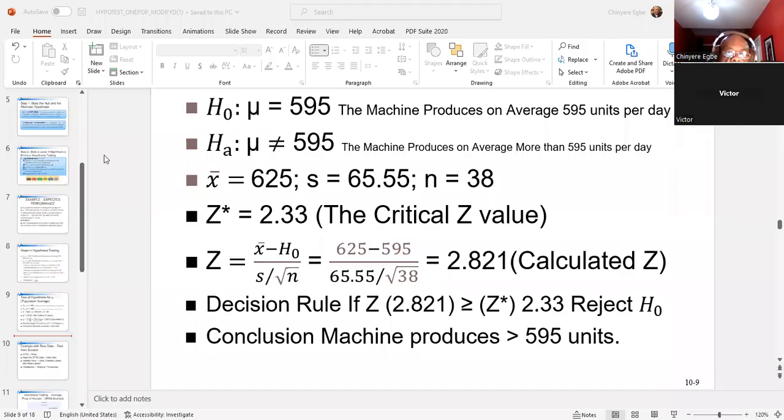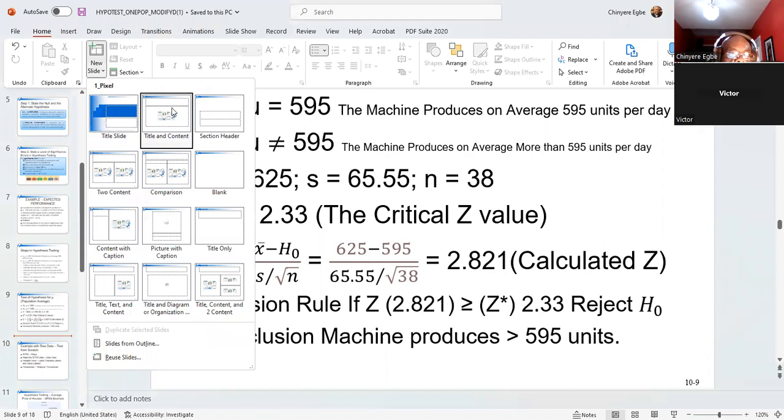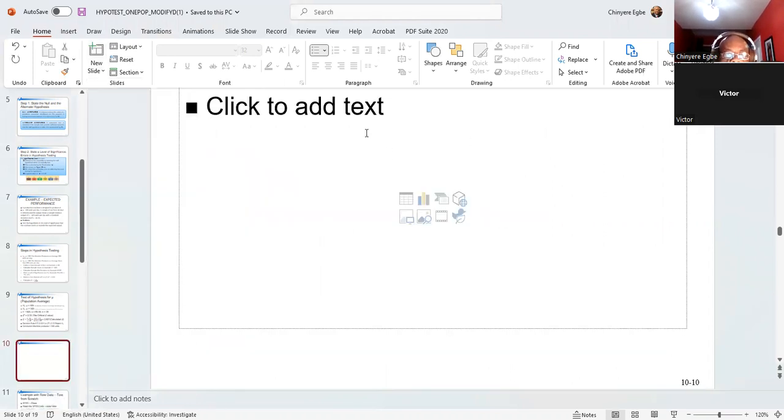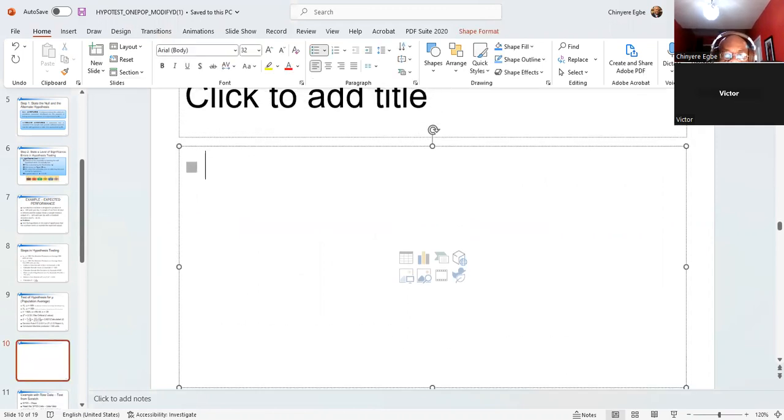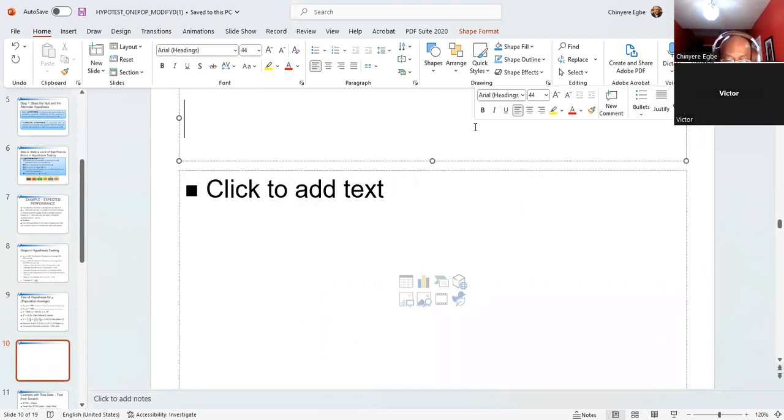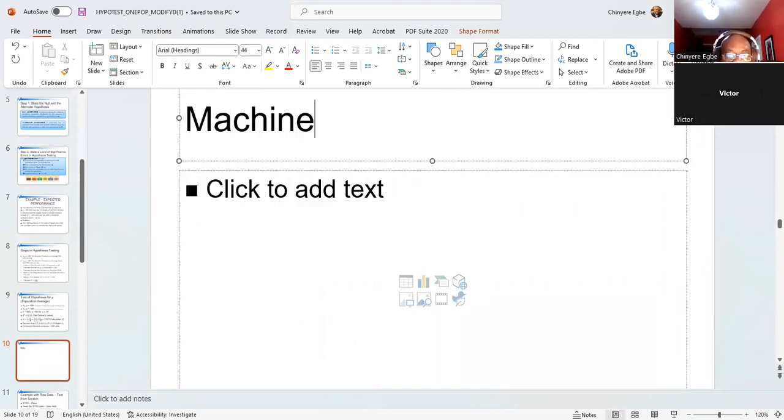All right. So we're going to apply this formula. I'm going to put it in a new slide. Machine 1 hypothesis.